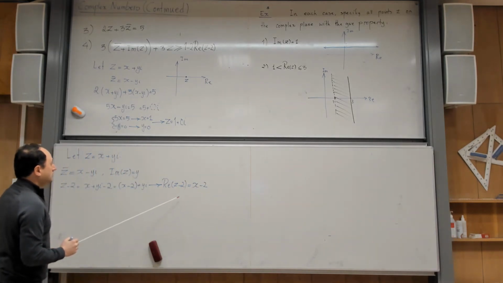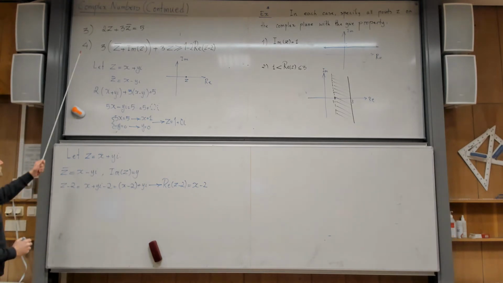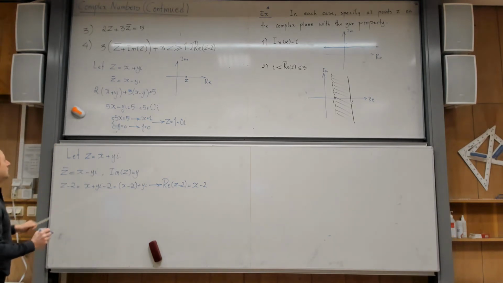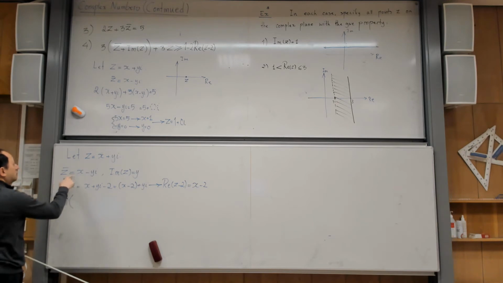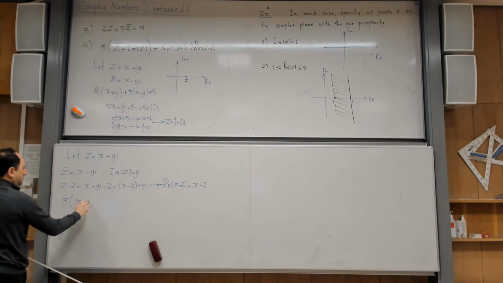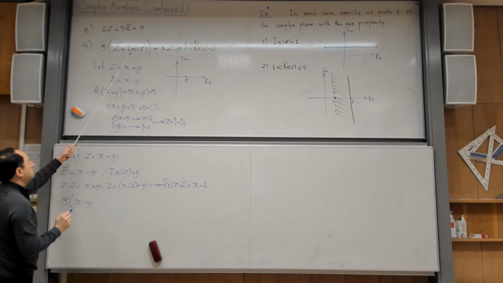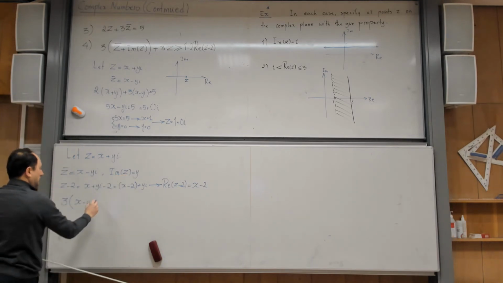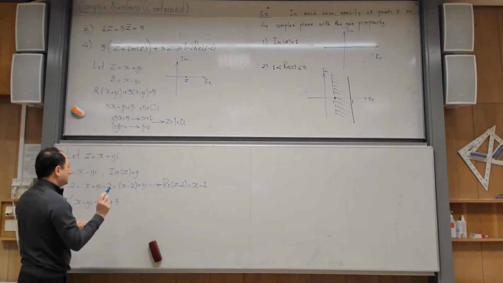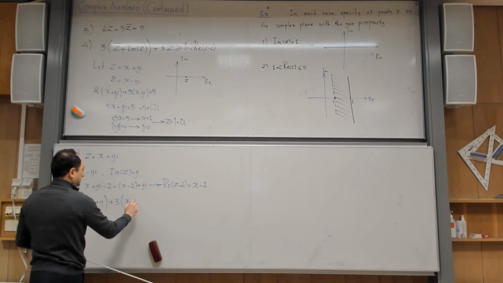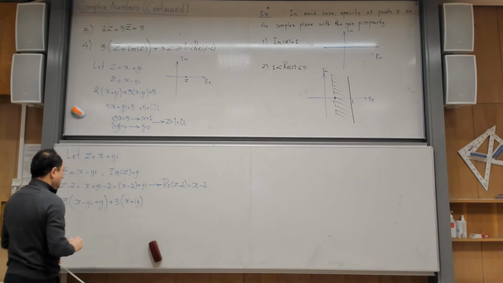Okay, so I think these are the only ones that I need, so I put everything here in this inequality. So this becomes 3 times, instead of z bar, I put x minus yi. And instead of the imaginary part of z, I put y. And then plus 3 times z itself. Yes.